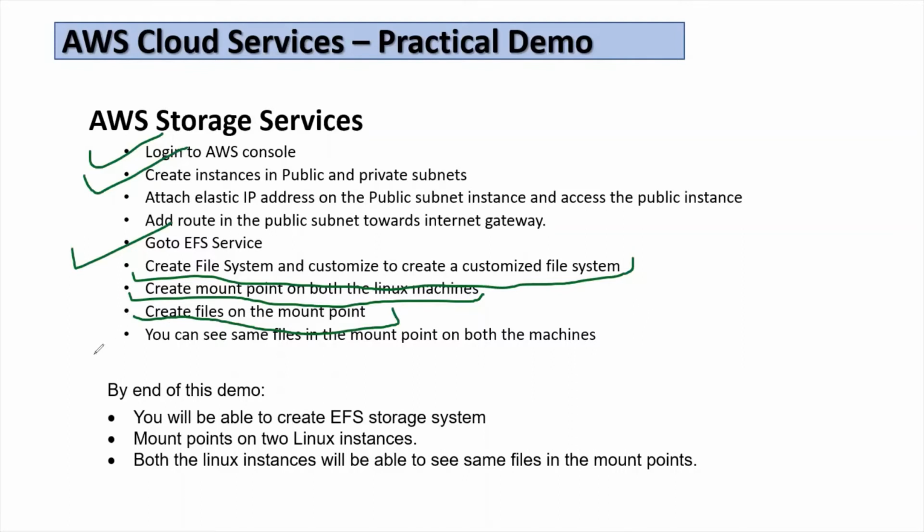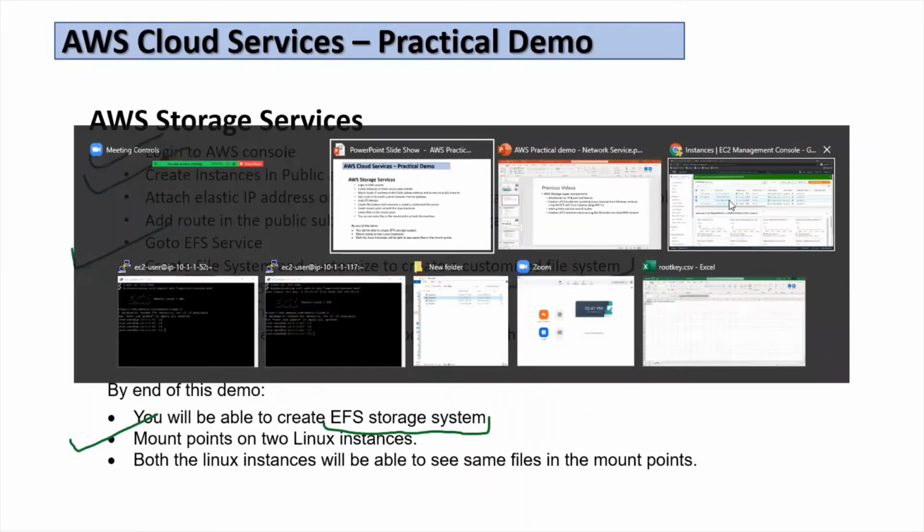So by the end of this demo, you will understand the concept of the EFS storage system, that is Elastic File System, and the creation of mount points on the Linux instances, and then you can see the file system on both the Linux instances. So let's move forward to the AWS console and create this Elastic File System.